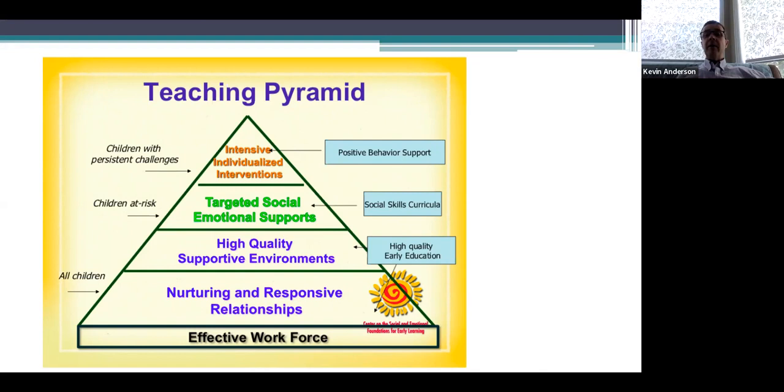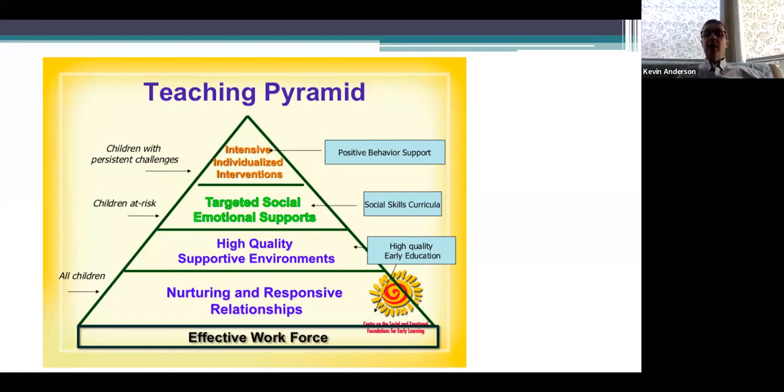At the very, very top of the pyramid is what we call tier 3, or intensive individualized interventions. This is when you have a child with persistent, challenging behavior. You will reach a point where you will need an intensive individualized intervention or a positive behavior support plan for a child.